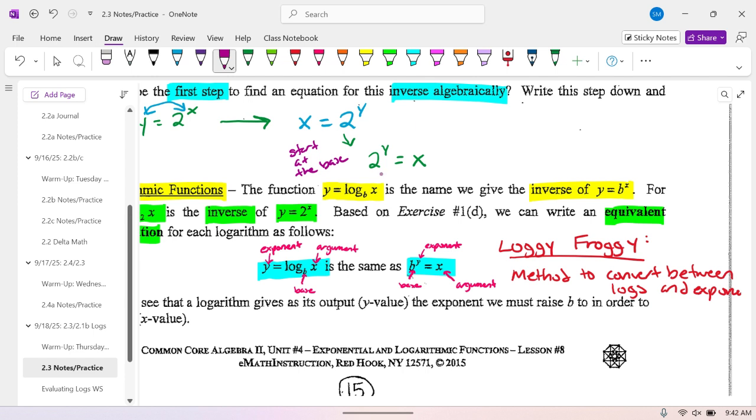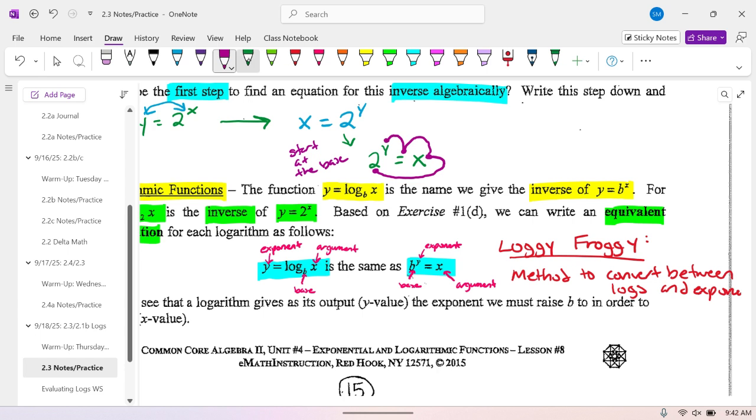So I'm going to draw a dot right under the base, which is 2. Now, I call these your hits. So you need to hit every piece of this function. All right, but there's a specific order. So we always swing to the right, and then boom, we hit the x. Boom, we hit the equal sign. And boom, we hit the y.